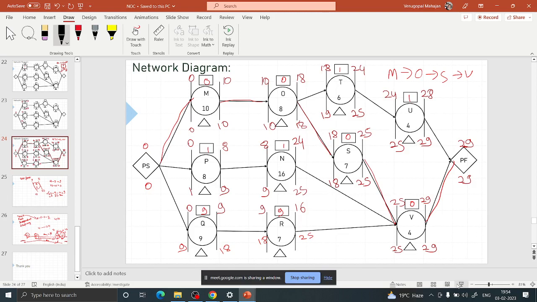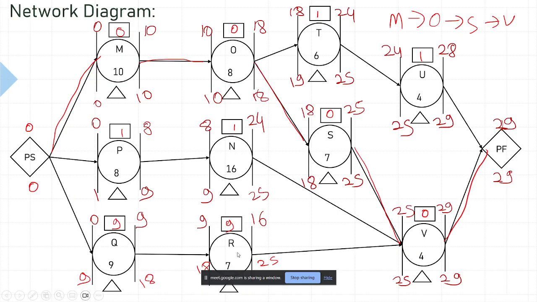Okay, here, can you see? We'll take R and V. Is it visible to everybody? Yes. Okay, so here we have the latest finish of R at 25 and the earliest start of V at 25, right?